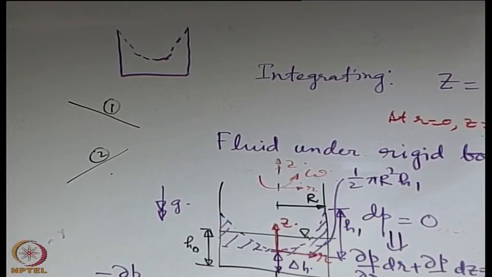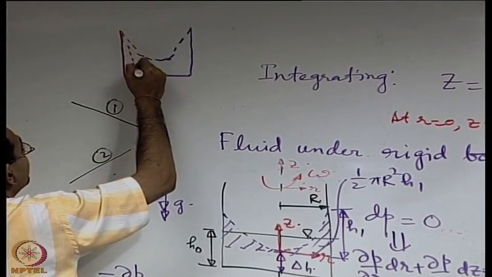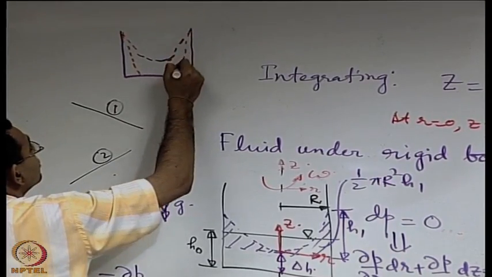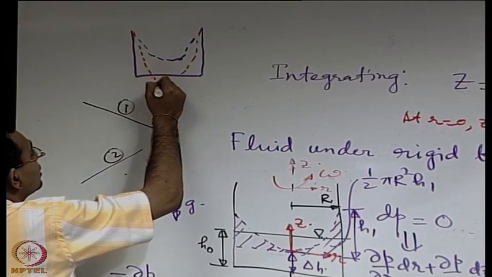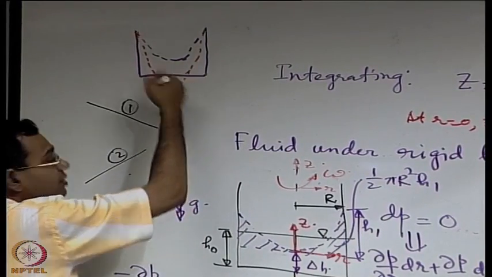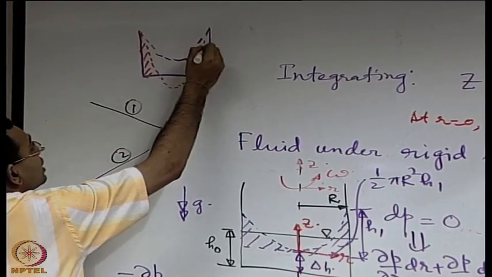Again it may so happen that it is rotating so fast that it is spilling, but only part of the paraboloid of revolution is within the cylinder. So then it is an imaginary paraboloid of revolution even outside that you have to consider to find out what is the volume that is there inside.